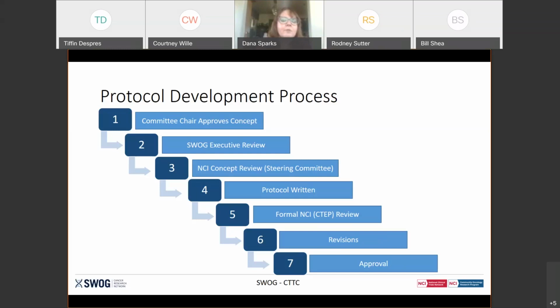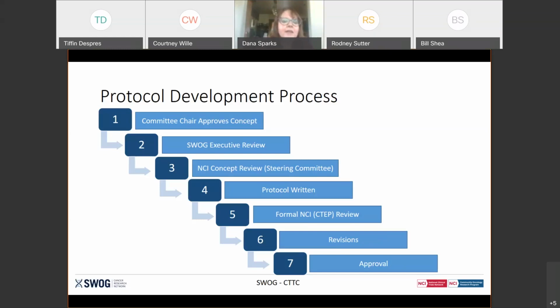Presuming that the NCI approves that concept, then the protocol may be written, and we have a whole process by which the protocol coordinators in the operations office assist our study chairs with developing the full protocol document.